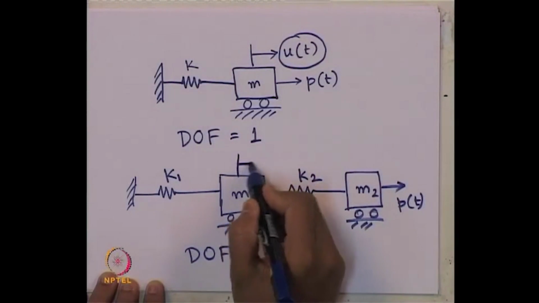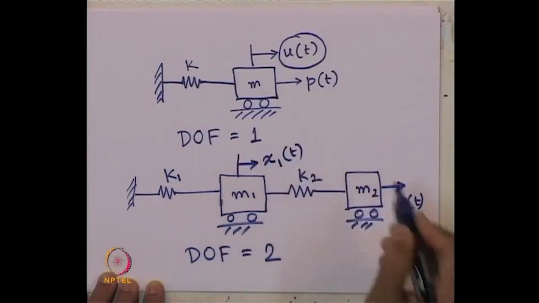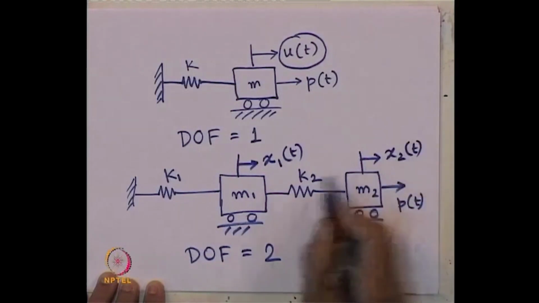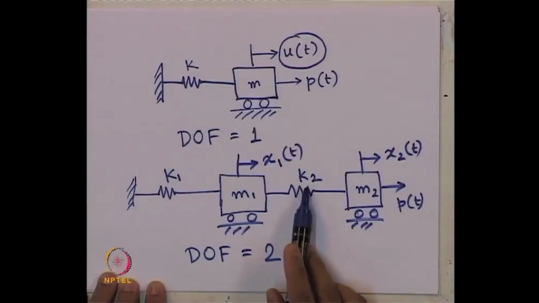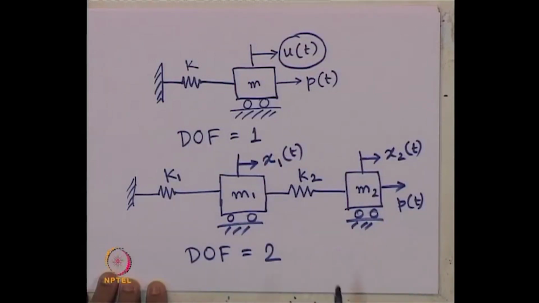Because at any point of time this displacement, say x 1 of t, and this displacement, say x 2 of t, are two independent coordinates which we require to define the system, because they are connected through this spring. So, x 1 and x 2 will not be the same.